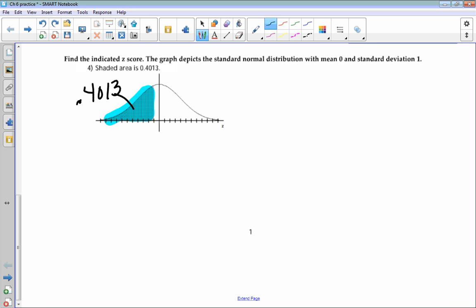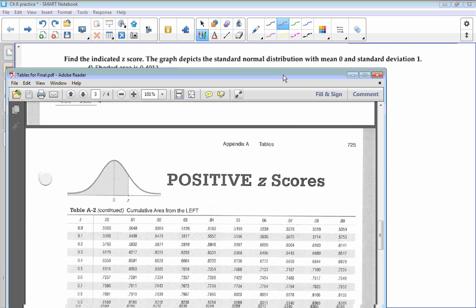So again, I have to think about this because I'm wanting a z-score, and I know if this is 0, and I'm on a number line, going this way is going to be positive numbers. Going this way are going to be negative numbers. Well, because this z is here, I know that this is going to be a negative z.